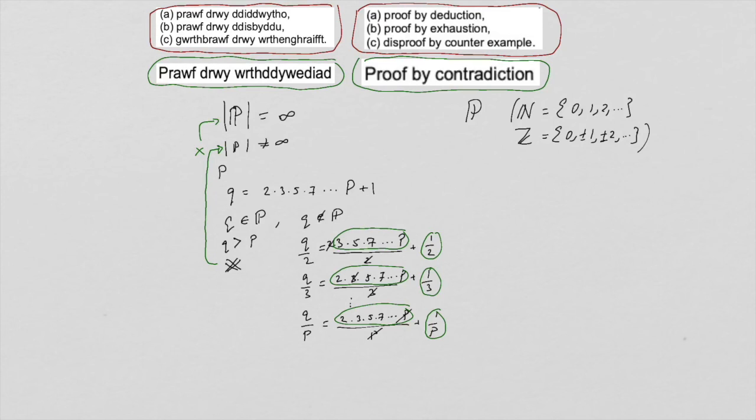Now we said that Q was not a prime number, but we've shown that if our original assumption were true, then it would divide by a prime number smaller than or equal to P, and we've shown that it doesn't. So we have a contradiction.